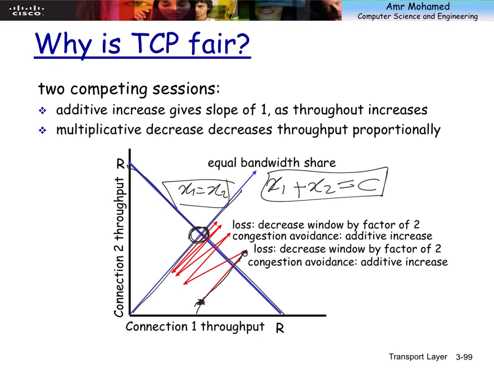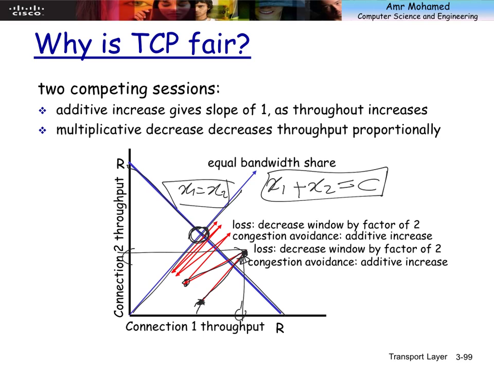So the average drop rate from both connections is probably the same, which means that the probability of having this event on either connection is actually the same. So this scenario talks about the fact that each of the two connections will have a packet drop, or a timeout event, or 3 duplicate acks or whatever, in which case we need to go back to half the window size.